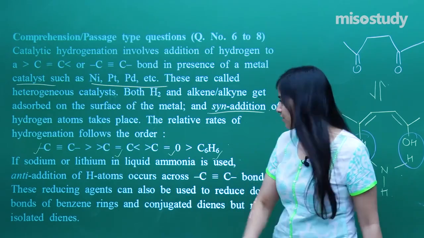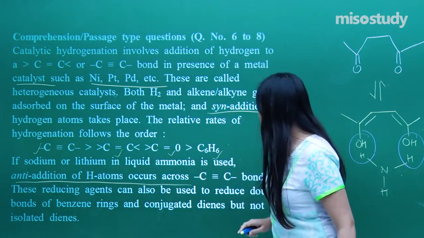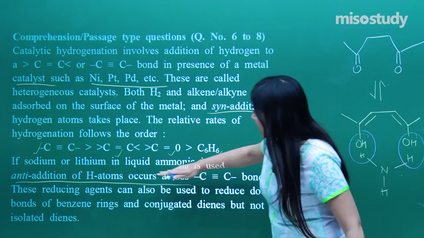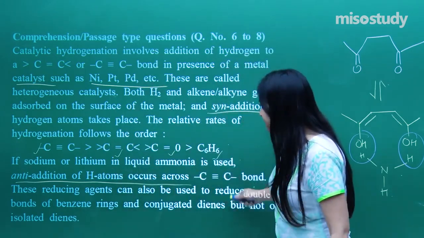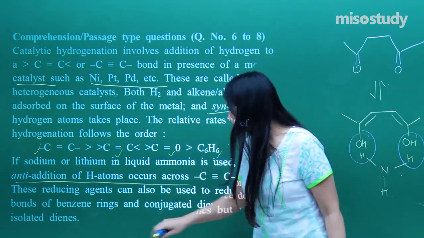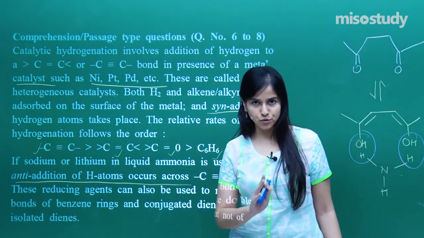This is Birch reduction. It is used to create the trans product. So they are telling us about the formation of the product. We need a different kind of reagent, but not a simple catalytic hydrogenation. These reducing agents can also be used to reduce double bonds of the benzene and the conjugated dienes. So that is what they have told us.